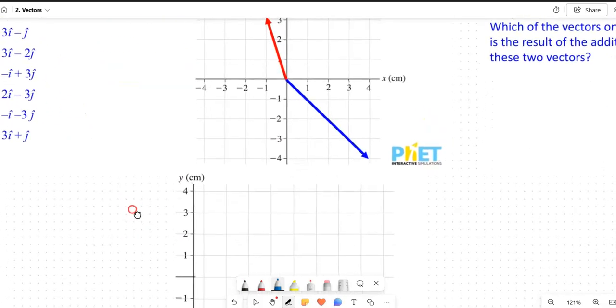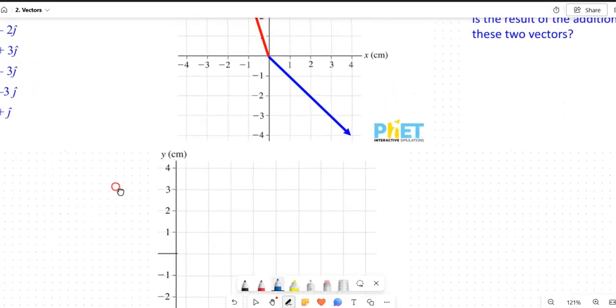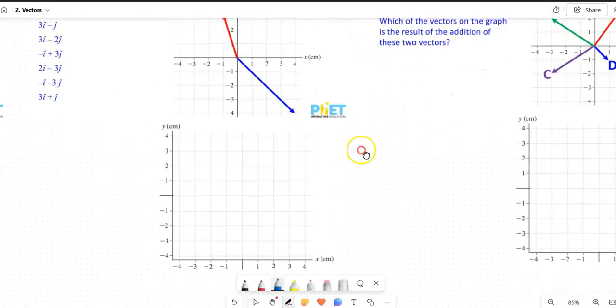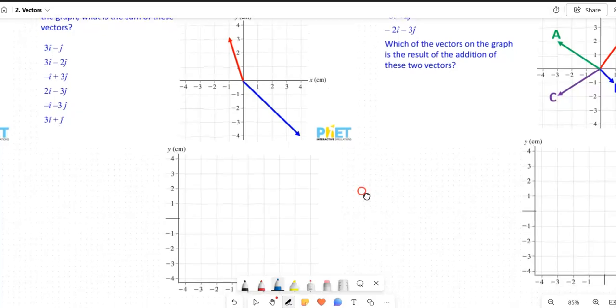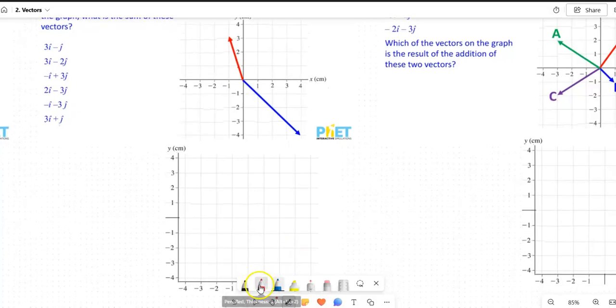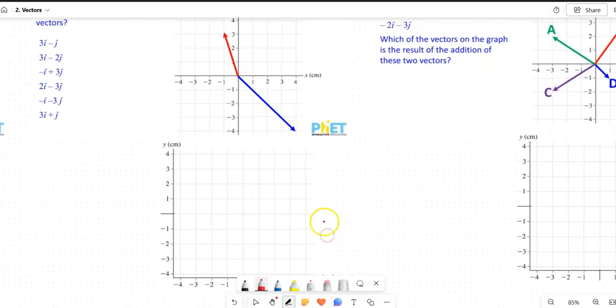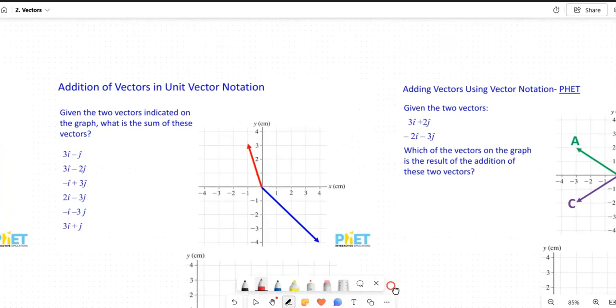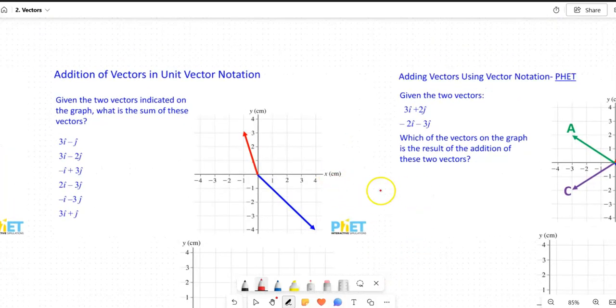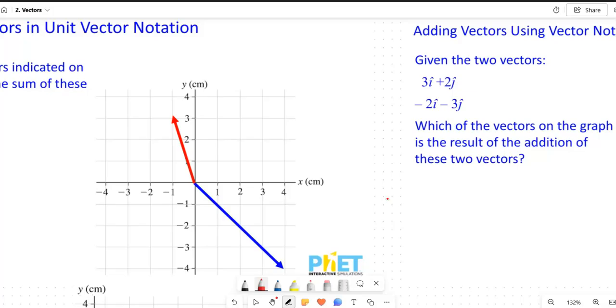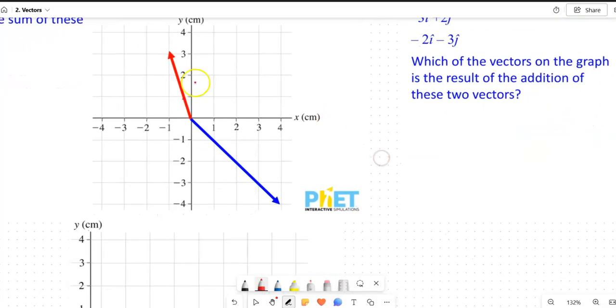Okay, well, here we go. Let's do the resultant vector. And we need to start with something. So I'll start with the red vector. And I put this here as a work area in case I need it, but I don't think I need it. So what I'm going to do is this blue vector is pointing to the right 4 and down 4.